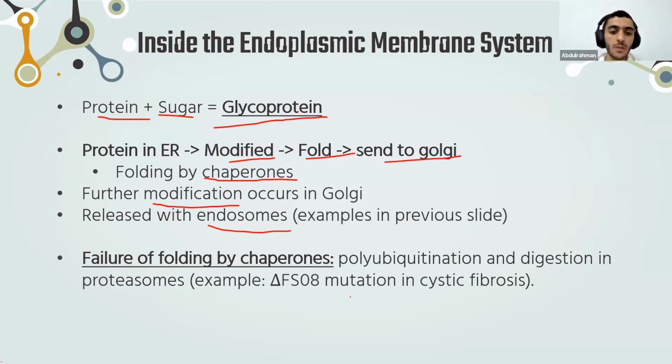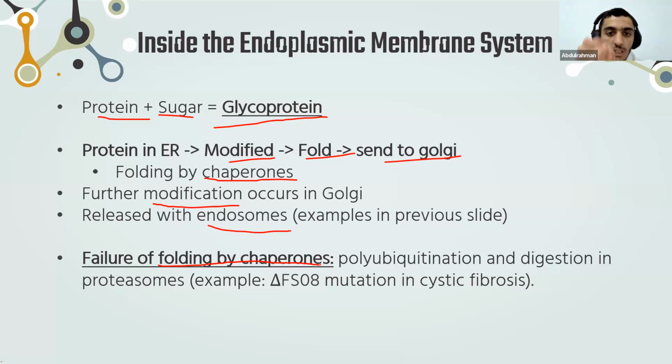Okay. Now, one last point is, what happens if you have failure of folding by the chaperones? Folding of the protein inside the endoplasmic reticulum is our important signal telling the endoplasmic reticulum that once you fold it, you can send it to the Golgi. If you can't fold it, you can't send it to the Golgi. All right?